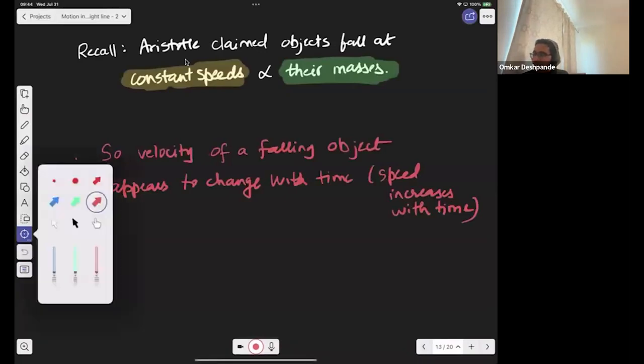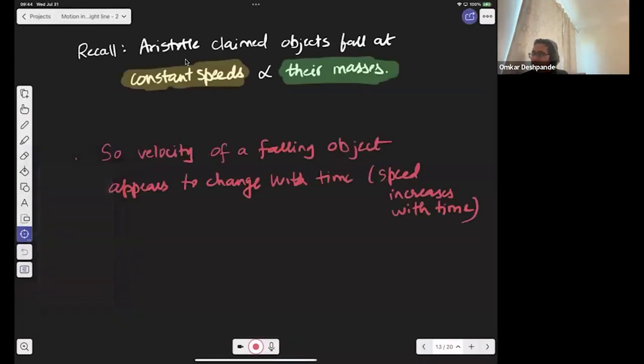So when we look at free fall motion, different masses must be falling at the same rate, and their speeds should increase over time, right? Any kind of mathematical modeling of free fall motion should account for this fact that the speed of a falling object increases over time.